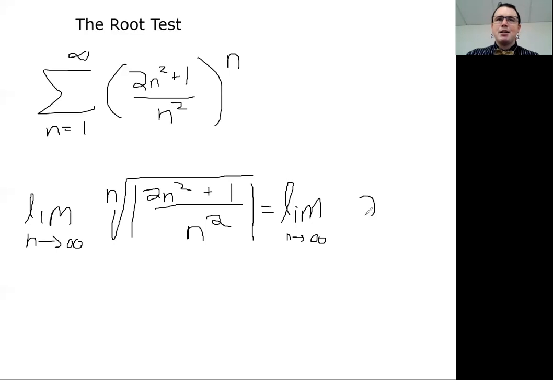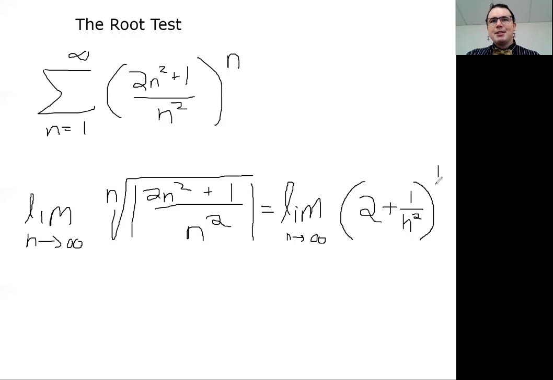I will say this is the number 2 plus the fraction 1 over n squared. I have split my fraction where I see addition in the numerator. 2n squared on n squared is just 2. Since this is always positive, the absolute values are redundant.